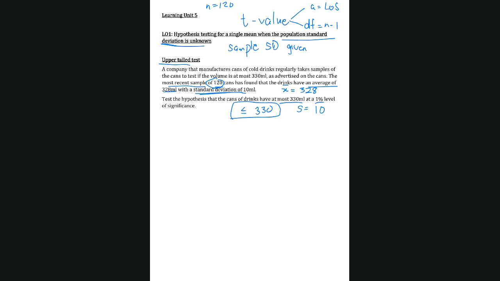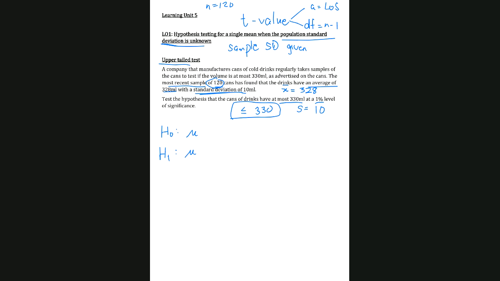And again, remember here, we said that when they're saying at most 330 ml, they mean that 330 ml is the maximum and it's referring to everything inclusive of that or below it. So the first step, which is to write out our null and alternate hypotheses, is, since we're working with the mean, as you could see from the information provided, they were looking at the average volume.